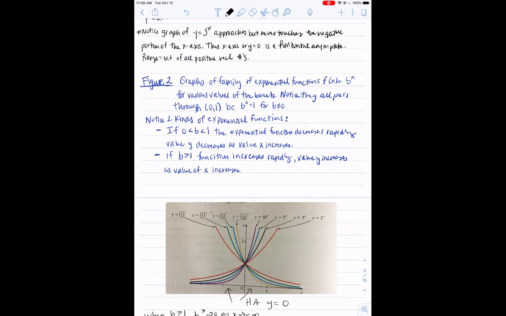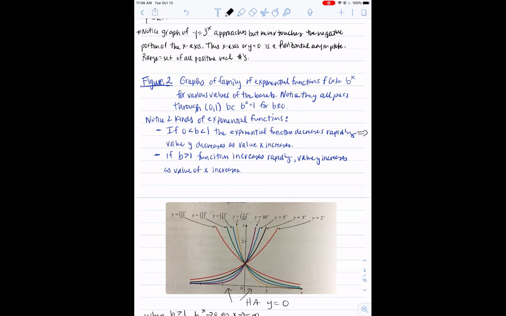We have when our base is between 0 and 1, so a fraction basically, the exponential function decreases rapidly. So what this means is that the value of y decreases as the value of x increases. And then if b is greater than 1, our function increases rapidly, so our value of y increases as the value of x increases.